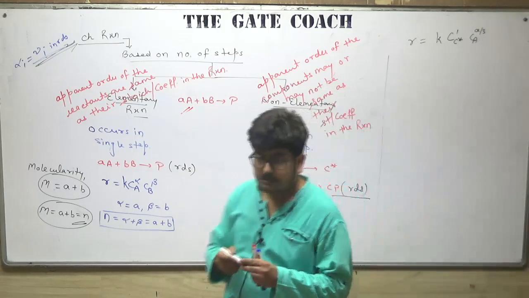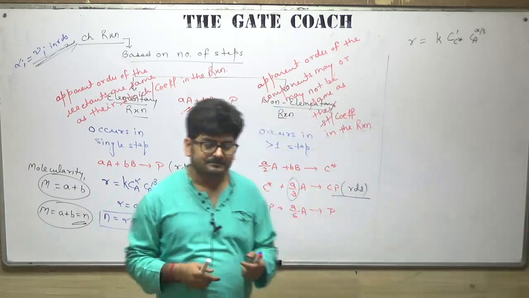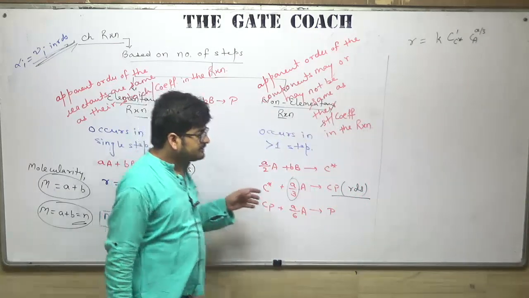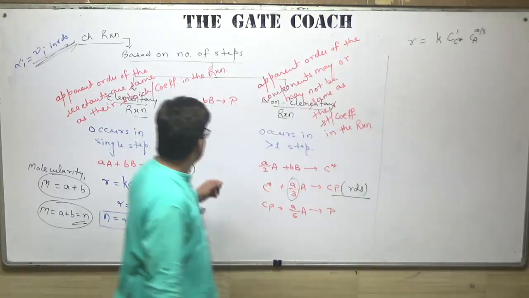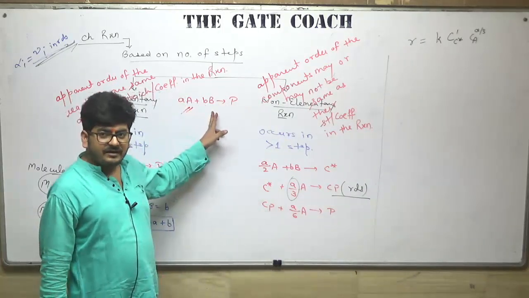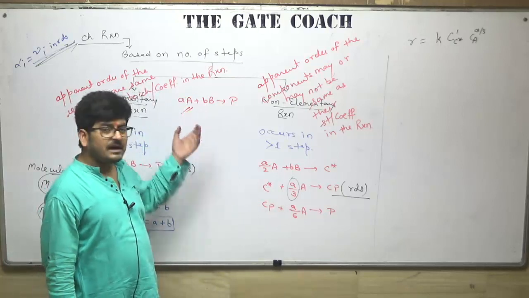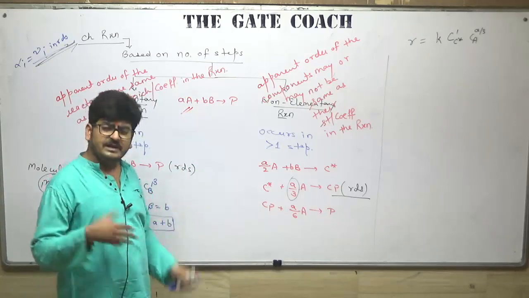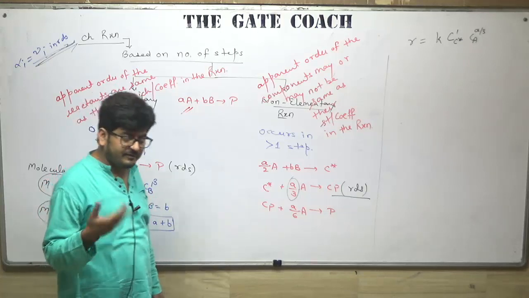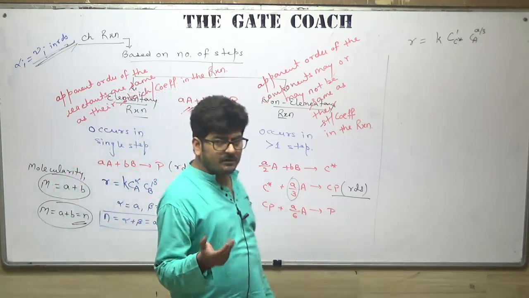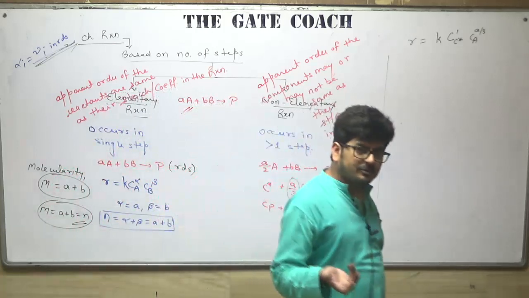Okay. Now what is C star here? So if you see, A and B are the reactants, means our input. So we can control the inputs. Okay, if we want to maximize the output, we have to optimize our inputs as well.